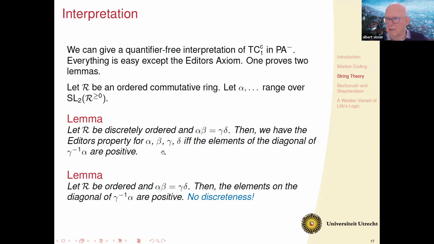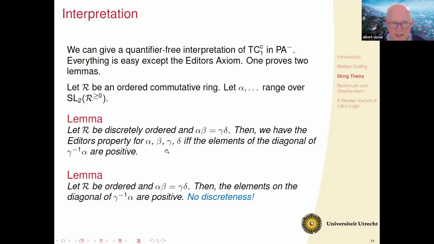This is a really easy undergraduate exercise to do. It uses, of course, that in our discretely ordered ring, we have lots of usual properties like the characterization of the inverse of a matrix for determinant 1. You can use properties that you know and love from first year algebra.